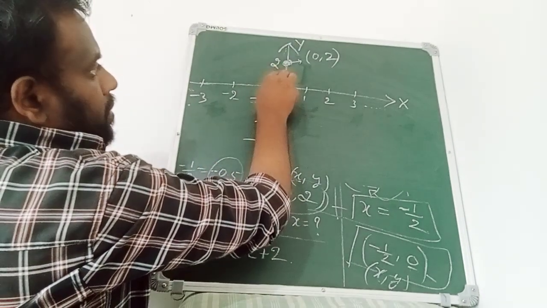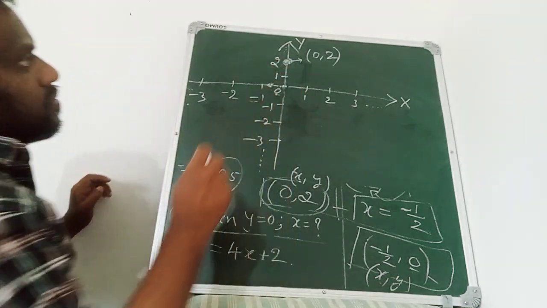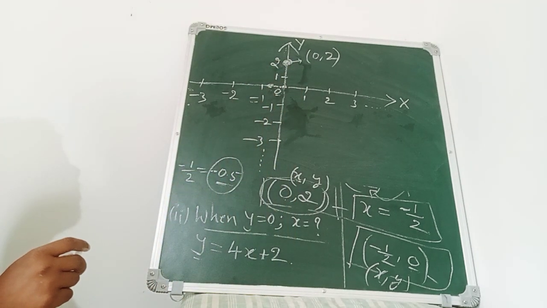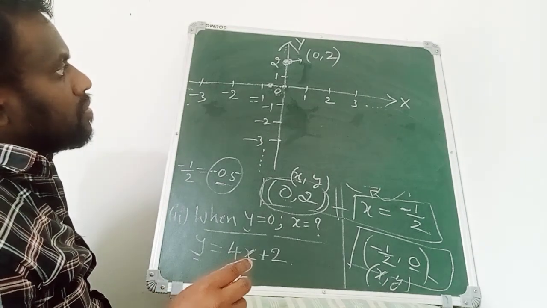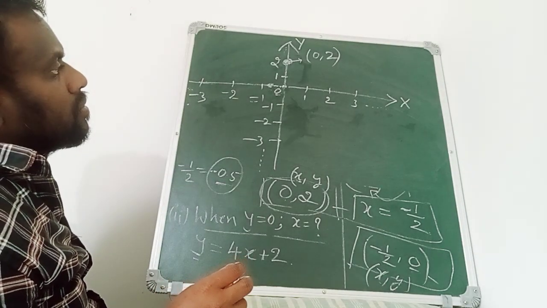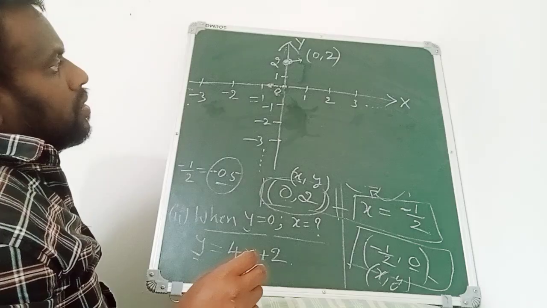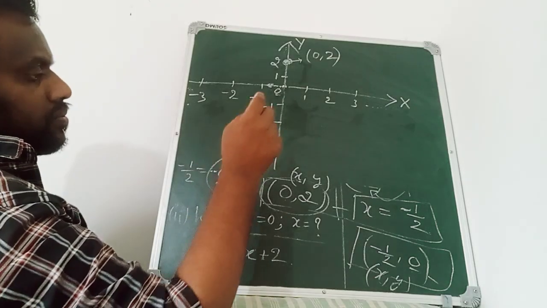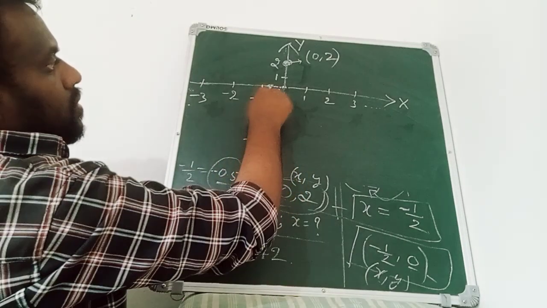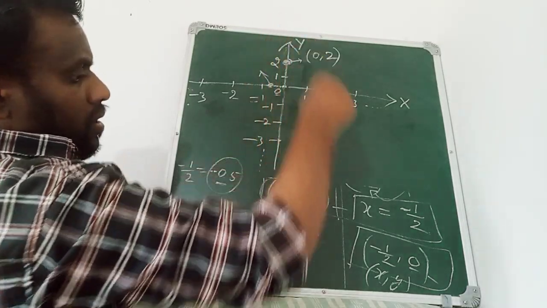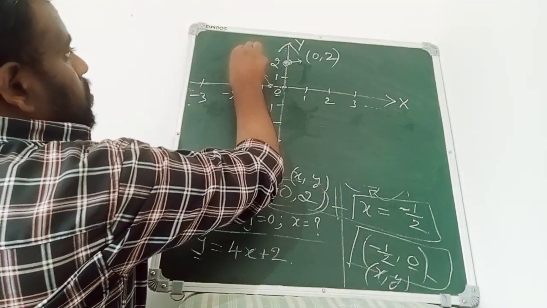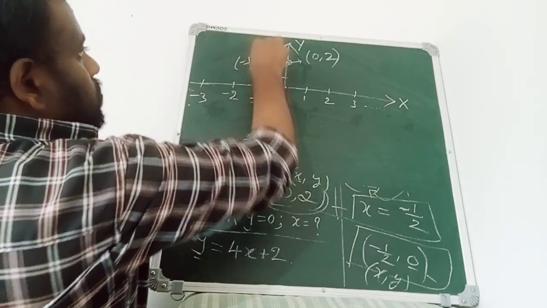Now this is the point. So this point is minus 1 by 2 comma 0.